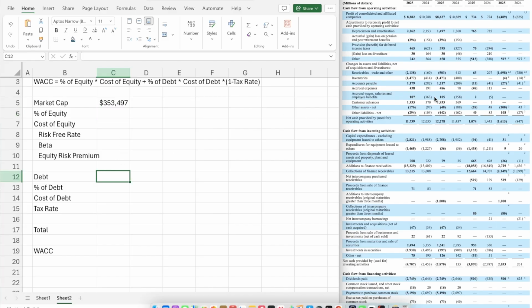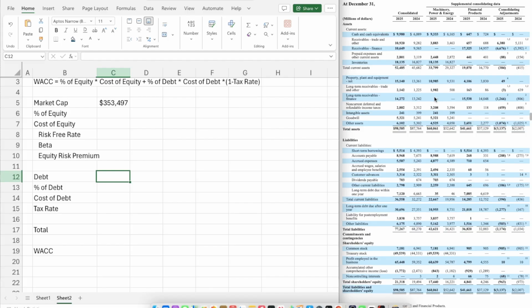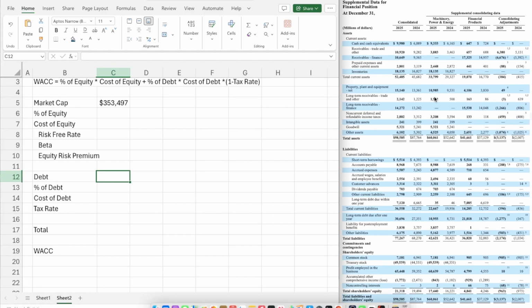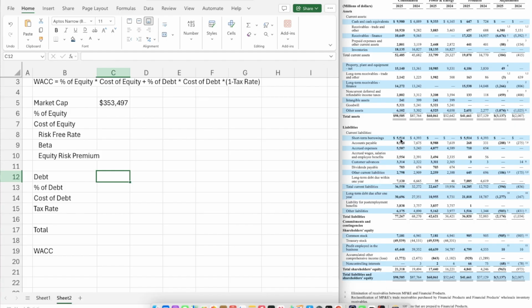Okay, let's take the debt first. It's this one: short-term borrowings plus long-term debt. So short-term is anything that's due within a year, and long-term is anything longer than a year. And we only want to take liabilities that are interest-bearing.